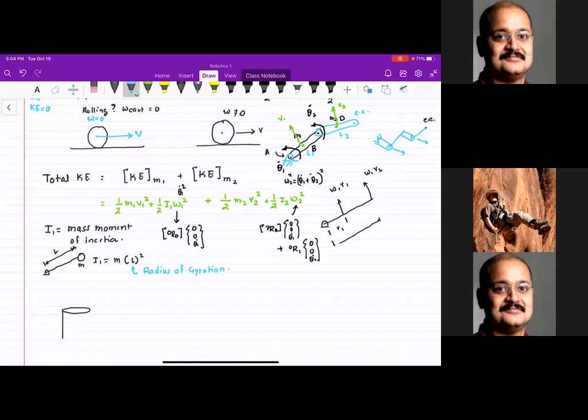The other thing I want to tell you is, in this case, it's very simple because the mass is located at one end of the rod, and this rod is assumed to be massless. But when you have a mass that is distributed, you will have to perform integration, and then the equations change. Everyone understood this?